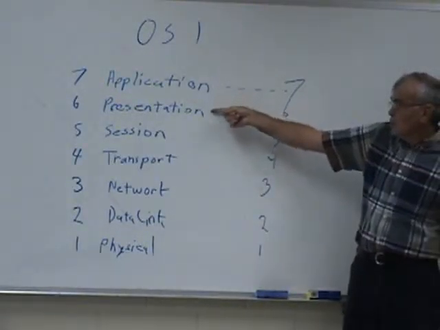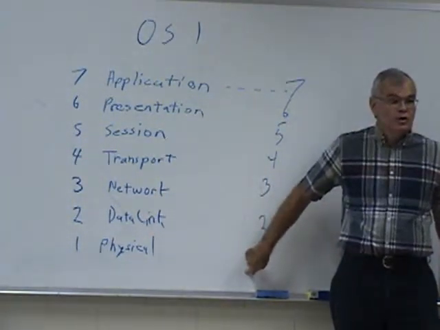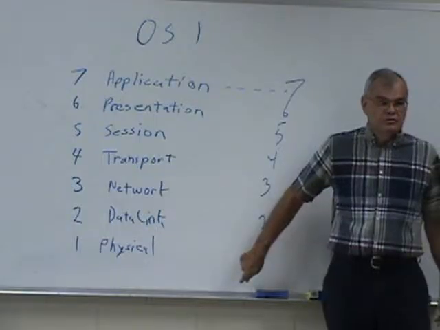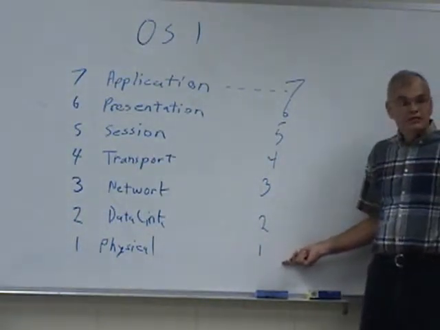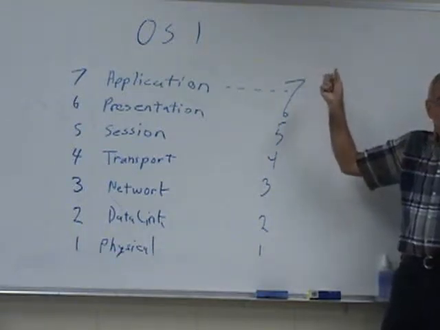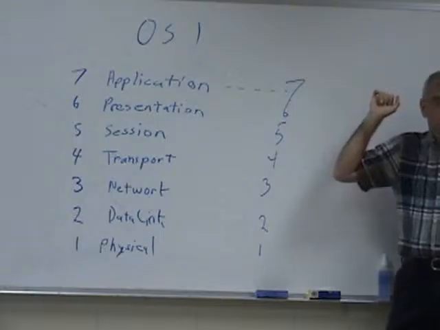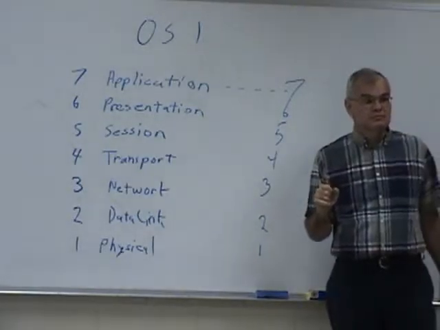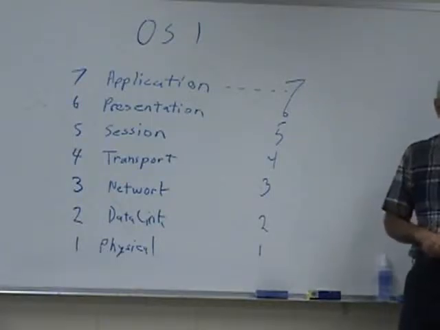It's going to go all the way down from application down to physical, across the wire, and I'm using wire in a wide sense there. And then it's going to pass from physical back up to application. And at that point, it passes it off to the actual application. Okay? What is the actual program that it's trying to get information to?